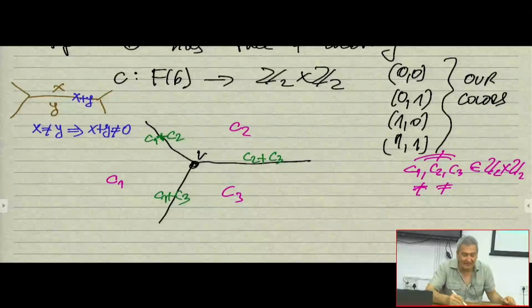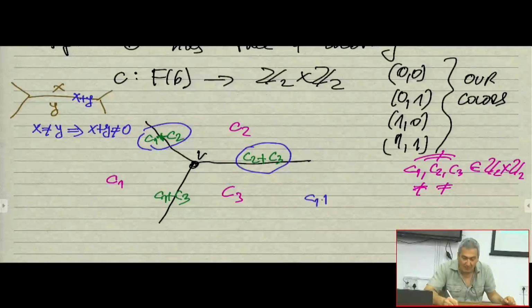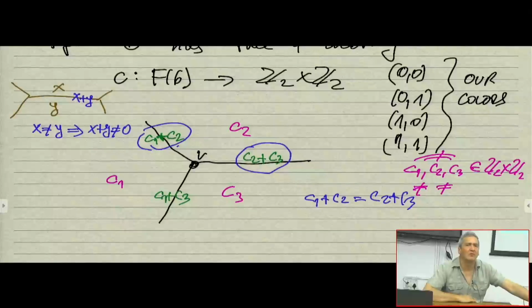Can this color be equal to this color? What happens if C1 plus C2, this color, yes, equal to C2 plus C3? What happens? You tell me. What happens if this is equal to this? C1 equal to C3, which is not possible because we assume it's a proper face coloring. So we are doing the yesterday part a little bit on slide to be faster. Yeah? Okay.